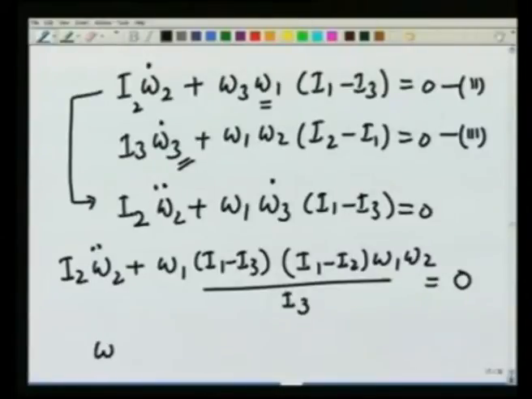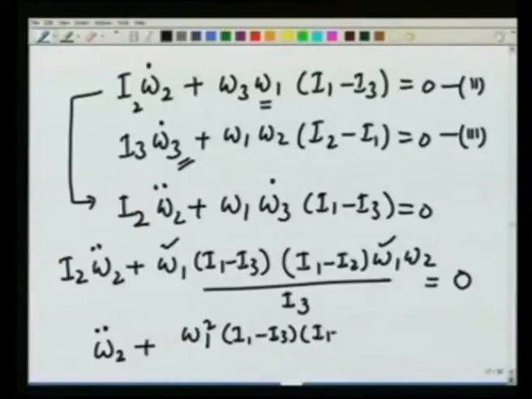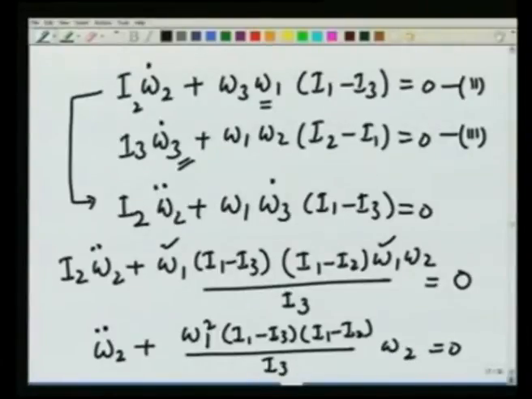So, the equation I get is omega 2 double dot plus omega 1 squared, I multiplied this and this, (I1 minus I3) times (I1 minus I2) divided by I3 omega 2 is equal to 0. This is the equation that determines the time evolution of omega 2.